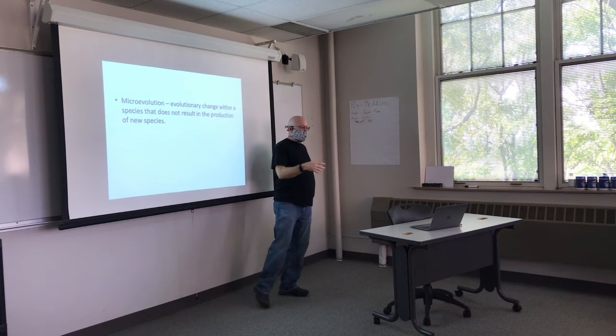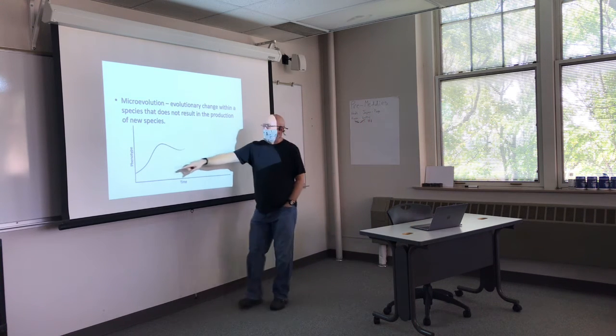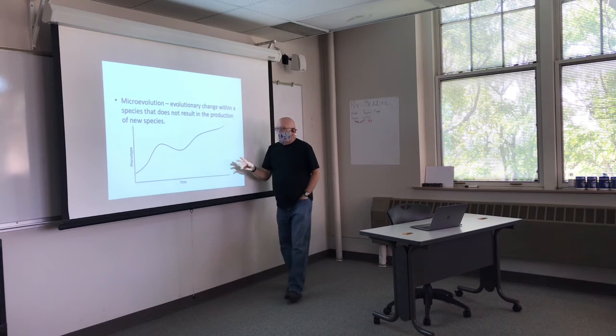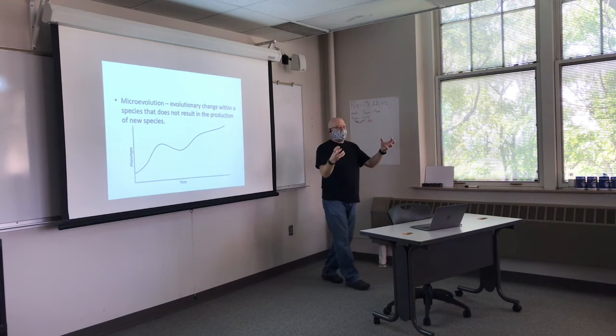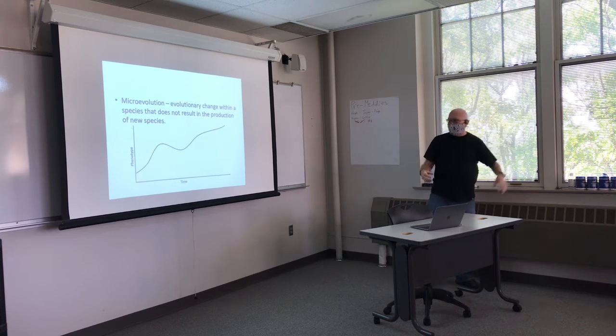One way of thinking of this might be to think of the species changing phenotype over time, but it never breaks into two populations, with each population going off on its own evolutionary trajectory. This is what we refer to as microevolution, evolution within a species.